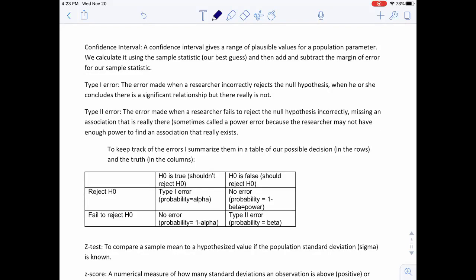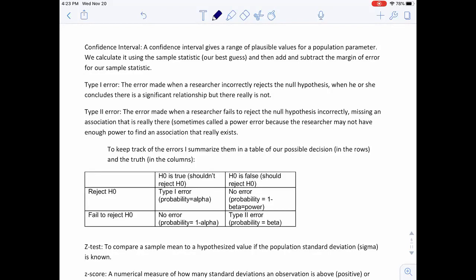Oh, type 1 and type 2 errors. I'm impressed you guys got these under control for quiz 2, so that's really good. I'm going to skip ahead to this table that I like to make in my mind, and probably just jot down as soon as you sit down for the test, as soon as you're allowed to empty your brain onto a piece of paper.